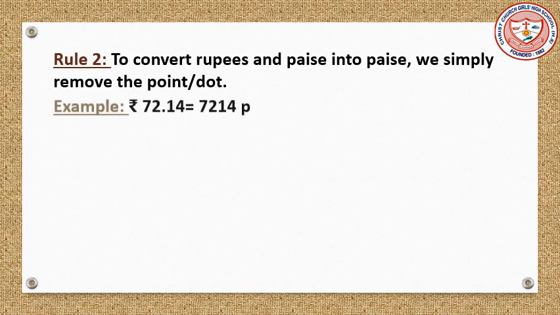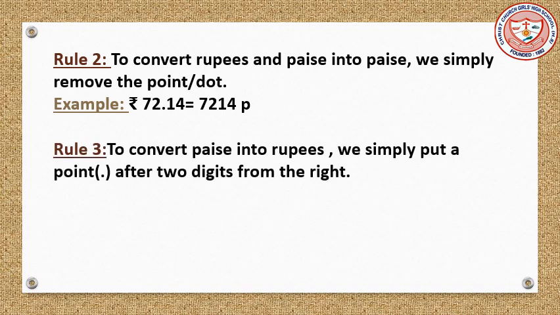For example, rupees 72.14 is equal to 7,214 paise. Alright?